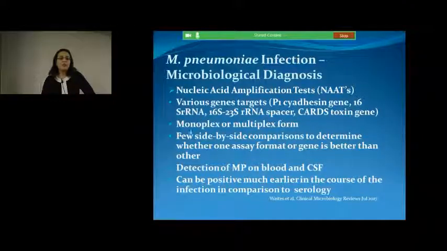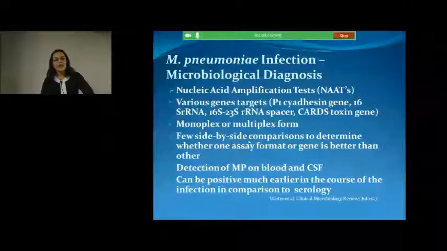They are available in monoplex and multiplex forms, and most of the time what you have here is the multiplex form that comes with the respiratory viral panel. Despite the popularity, there are very few studies in the literature making a side-by-side comparison to determine whether one assay format or gene is better than the other.